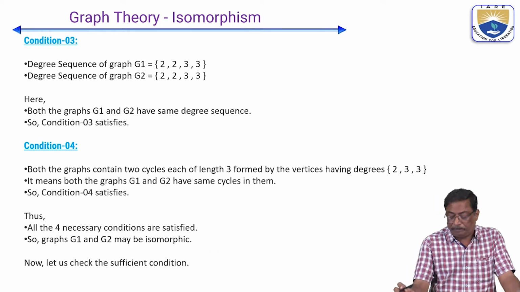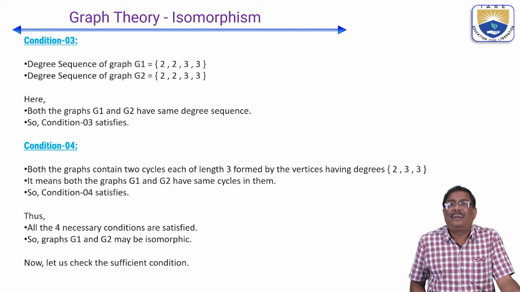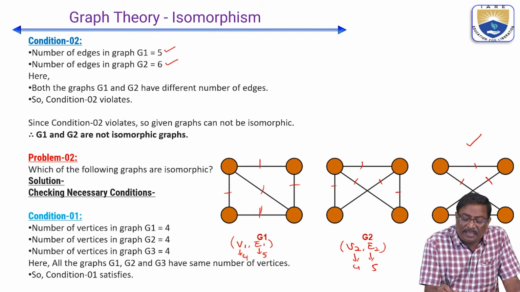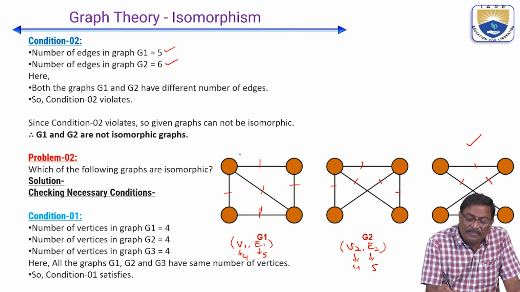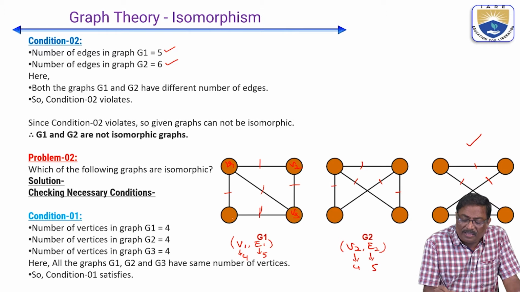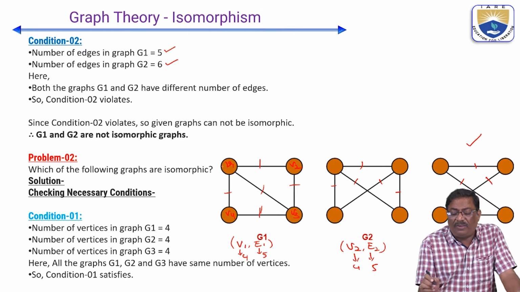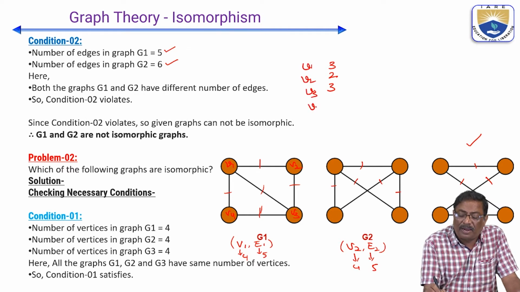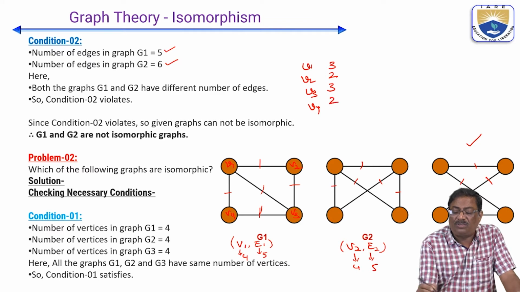Now, condition 3: what is the degree sequence? Here I am taking this as V1, and V2, V3 and V4. The V1 vertex degree is 3 and the V2 vertex degree is 2. The V3 vertex degree is 3, and V4 is the remaining vertex.